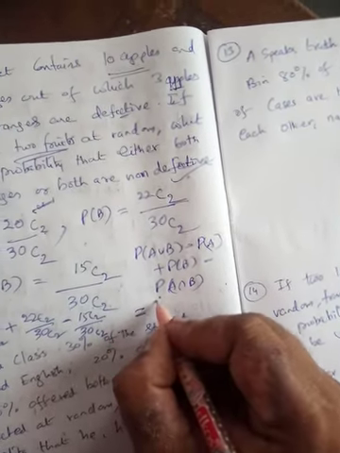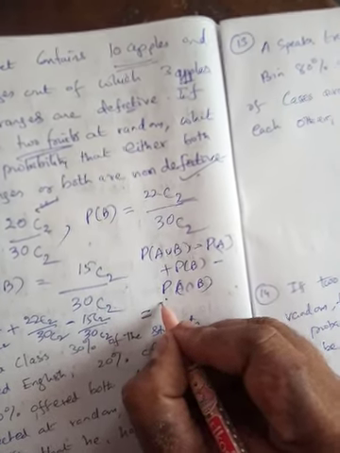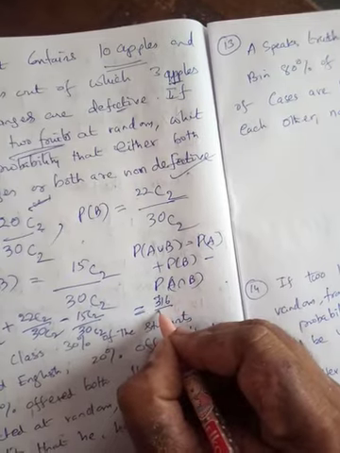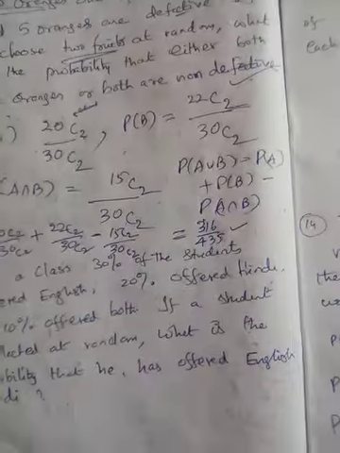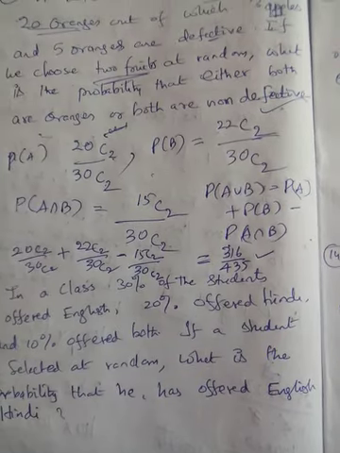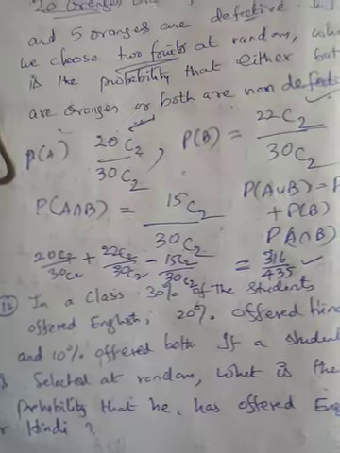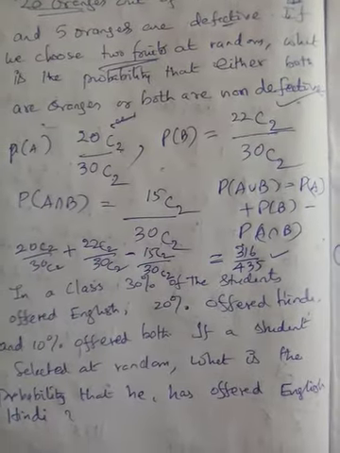After solving, it is directly 316 by 435, that's the answer, dear students. So 20C2 means 20 into 19 by 1 into 2, you know that type. Let me go to the next question.